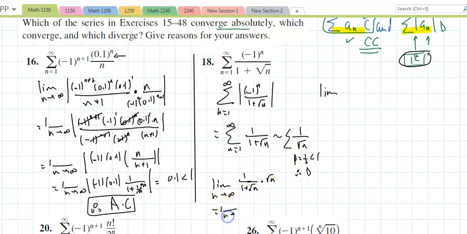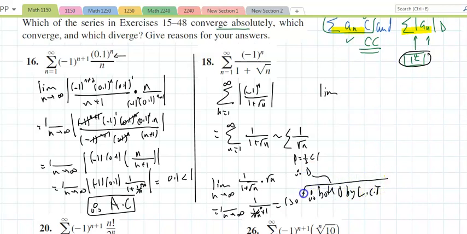I'll get the limit as n approaches infinity of 1 over radical n plus 1. That's a 0. I'll get 1, which is bigger than 0. Therefore, they both diverge by limit comparison test.